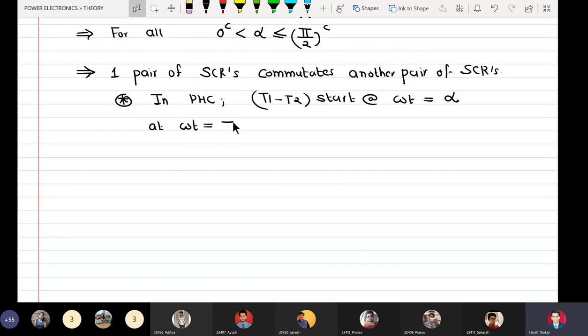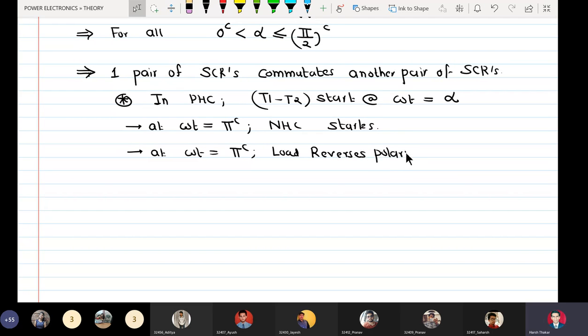At omega t equal to pi radians, the negative half cycle starts. What happens? At omega t equal to pi radians, the load reverses the polarity of L di by dt.